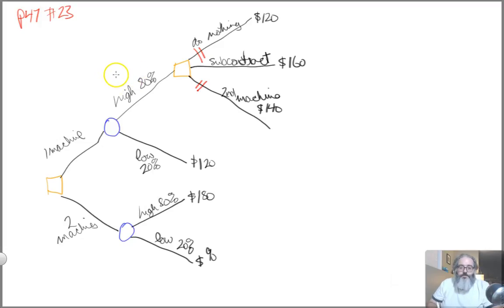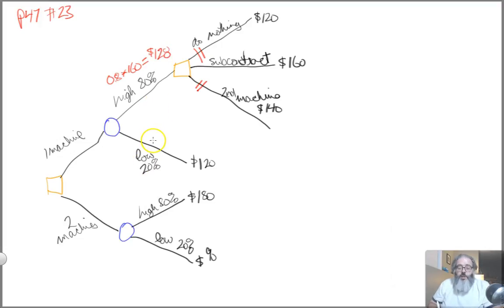So if the demand is high and we have one machine and we've subcontracted out, a lot of ifs there, our total net present value is going to be 80% of $160,000, which is going to give us $128,000.